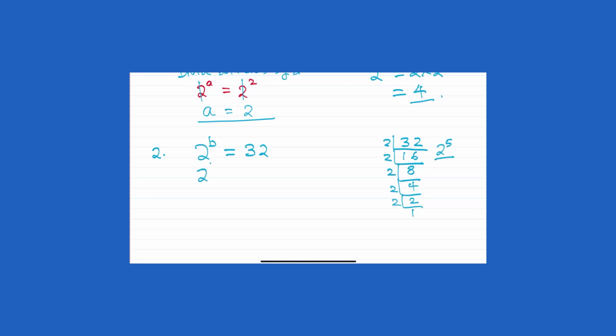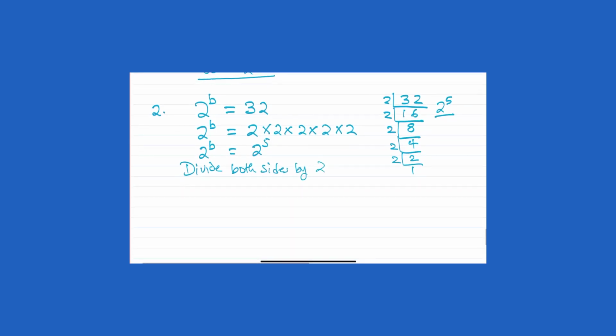So on this side, we have 2 to the power of b, and 2 times 2 times 2 times 2 times 2. So we have 5. So 2 to the power of b will be equal to 2 to the power of 5. And just like what we did above, we're going to divide both sides by the base value. Divide both sides by 2.